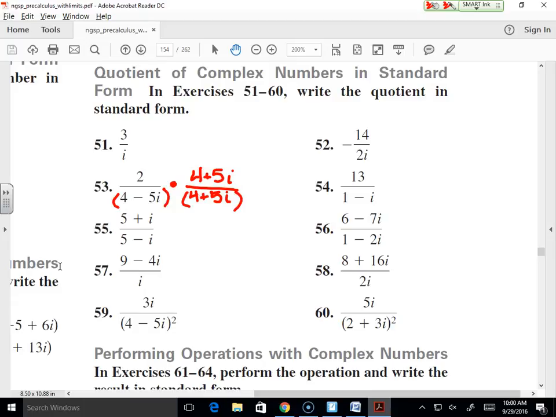A conjugate says if you have A plus or minus B, let's just say A minus B, the conjugate is A plus B. And we're forming what would multiply and make a difference of squares. So we're not trying to make it the opposite. We're trying to just make the in-between sign opposite so that when you distribute, your outer and your inner are opposite signs. We're trying to get our outer and our inner opposite so that they cancel.